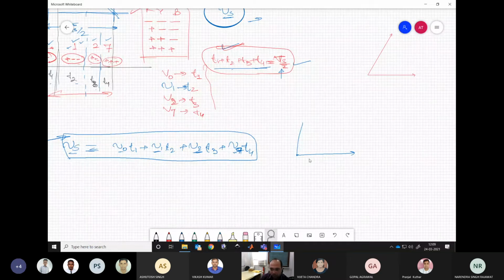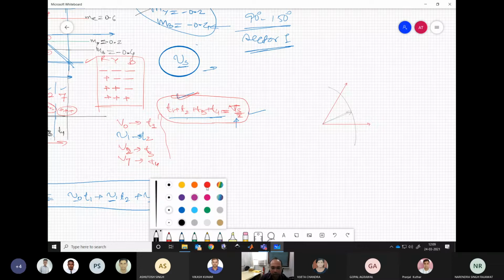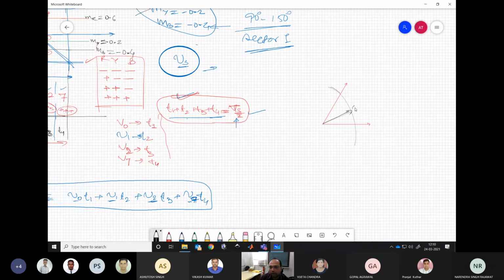So in this sector, let us say, because we have taken a case where the voltage vector, while rotating on this circle, is somewhere lying in sector 1. Let's say at one instant we are trying to realize this particular instant when the vector is something like this. So this is our Vs vector, and V1, V2, V0, V7 are located like this.